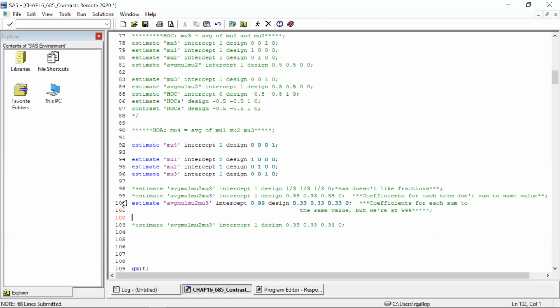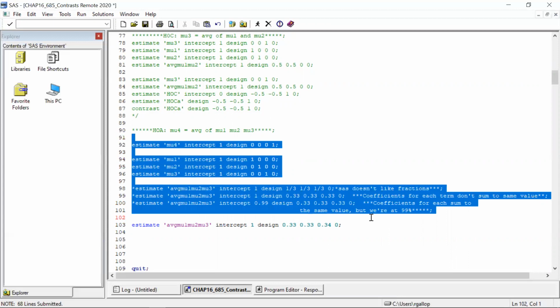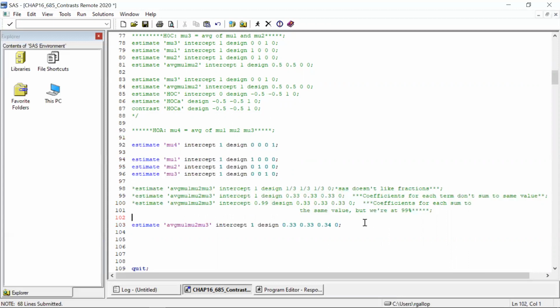So now let's drop down to here. So let me get rid of that one. So as we saw before, let's run this now. So again, we got these lines of code and now this estimate statement. Now, if you guys look at this estimate statement, it's legitimate. That sums to 1, so we're getting 100%, not 99% of the value. And these sum to 1.